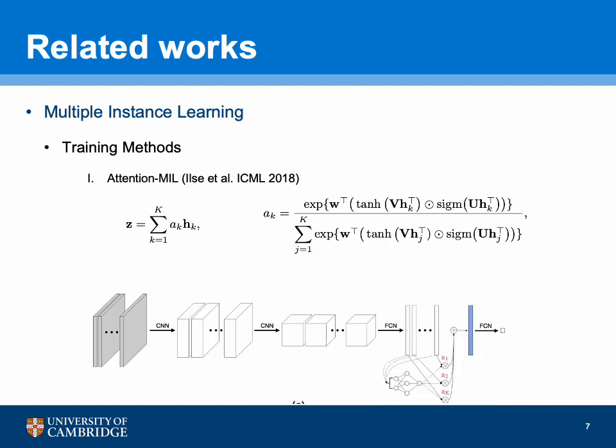In the next training phase, many interesting methods were proposed. For example, in 2018, the attention mechanism was first applied to MIL. We can use the feature vector to calculate attention weights for each patch's feature vector.